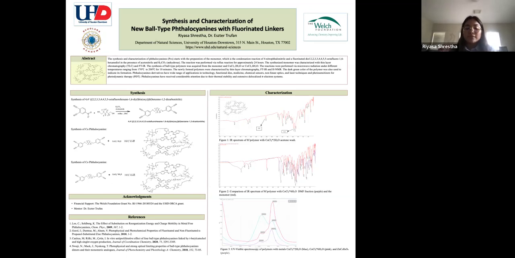And in the visible region of the electromagnetic spectrum, phthalocyanines are limited to blue cyan and green colors. The phthalocyanines that I got from my lab were dark green in color. So that's the primary focus for the color of phthalocyanines for me. And phthalocyanines have a wide range of applications in biomedical and material sciences.